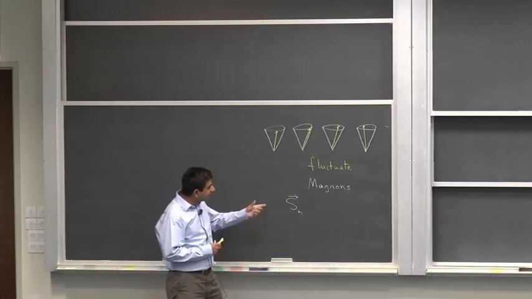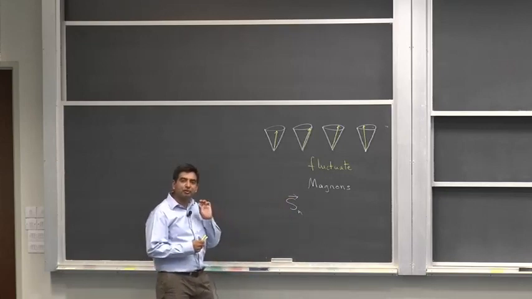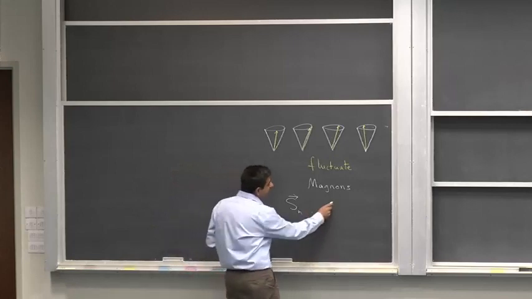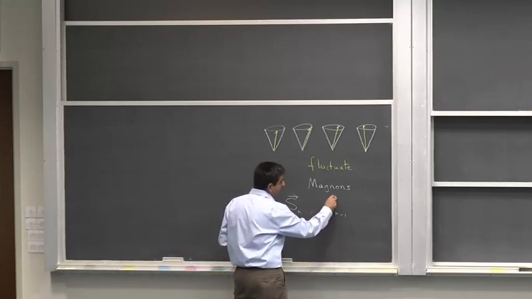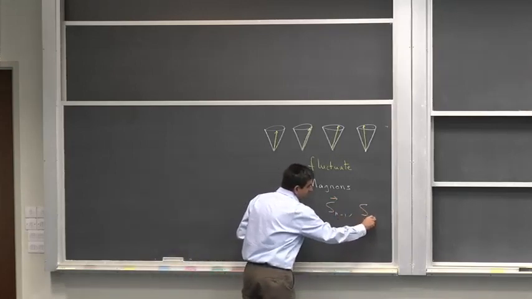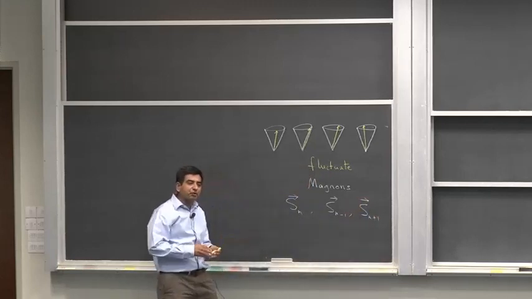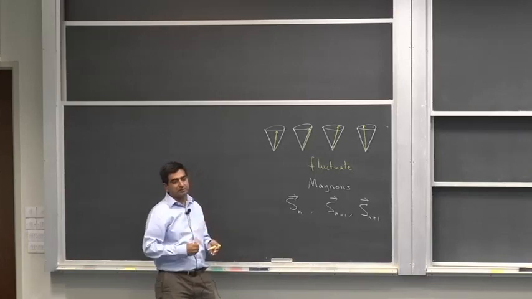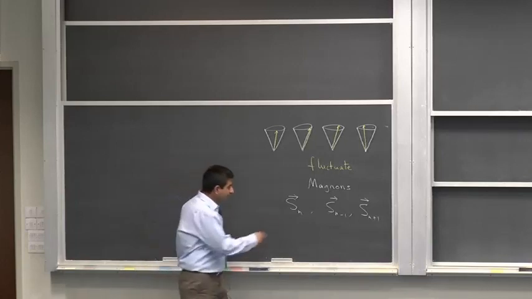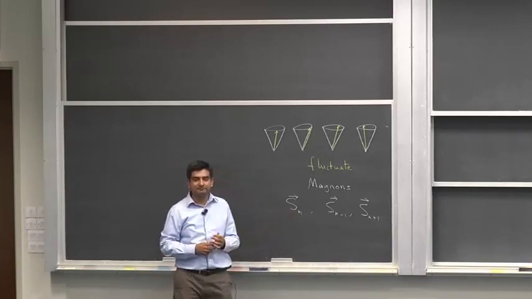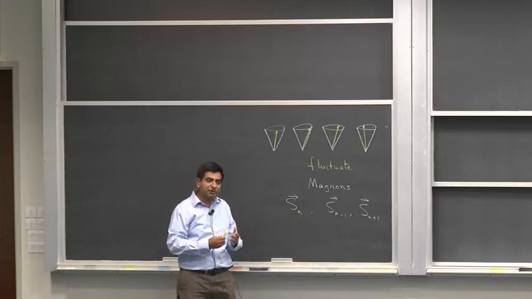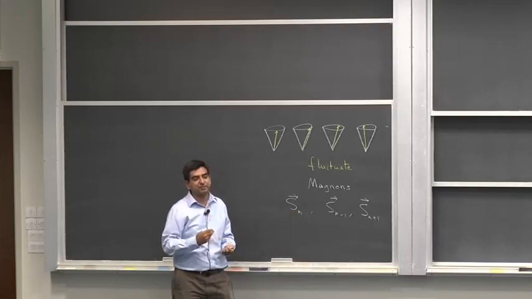We observed that this spin experiences a torque due to the spins in the neighboring locations. And then we proposed a trial solution for Sn. And with that trial solution, we came up with a dispersion relationship.